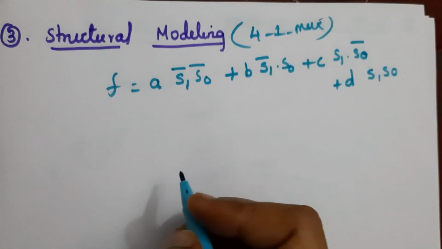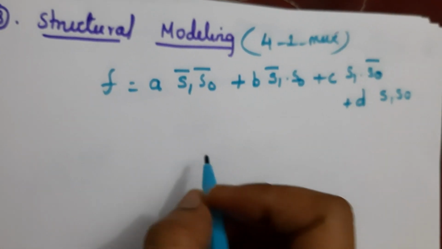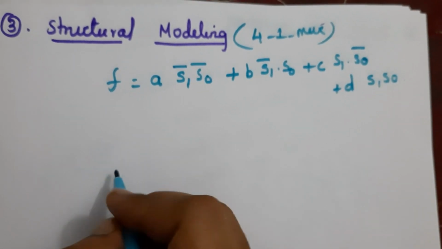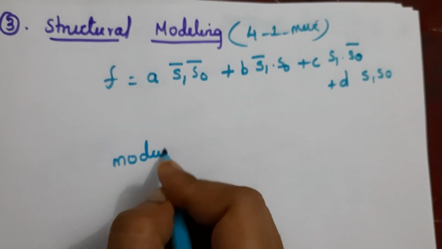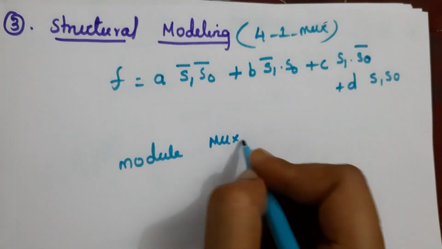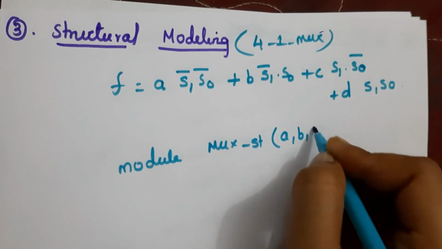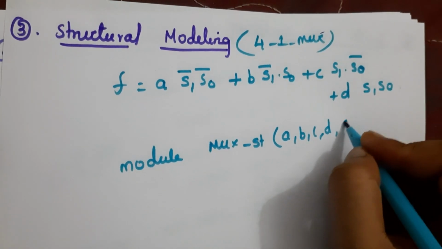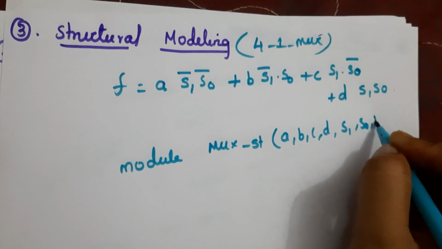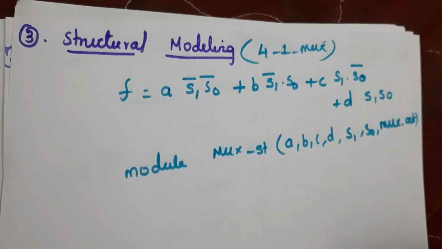So now we start writing the code for this 4 to 1 mux using structural modeling. Similarly, the same module definition: module mux using structural modeling, same A, B, C, D are inputs and S1, S0 are the input select lines, and mux out is the output.